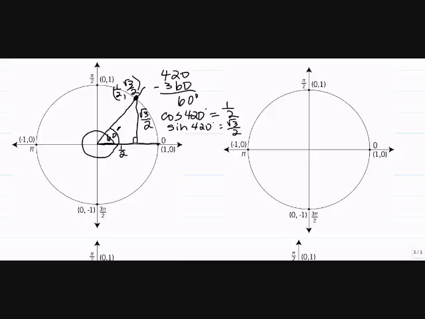How about if we do negative 45 degrees? Okay. I'm going to start here in standard position. I'm going to trace out negative 45 degrees. Going to put a ray here. Going to touch that unit circle here. If I make myself a little right triangle, I get 45, 45.